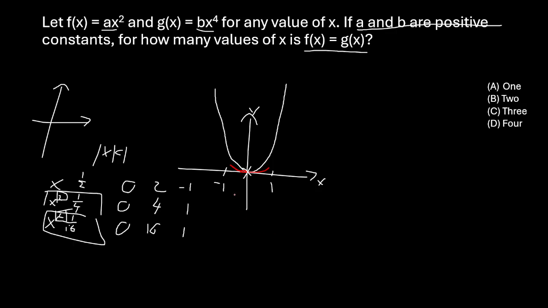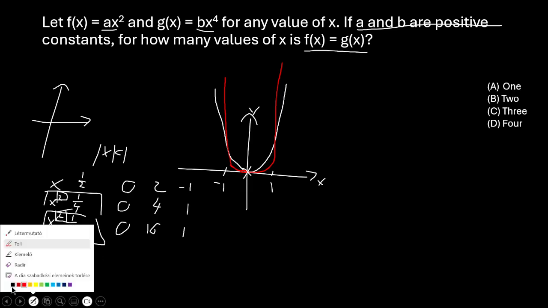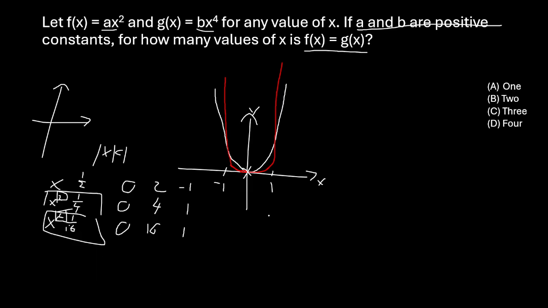So we actually know our answer already, but if we graph our x to the fourth power function, it would look something like this. If the absolute value of x is less than 1, then x to the fourth power is less than x squared.